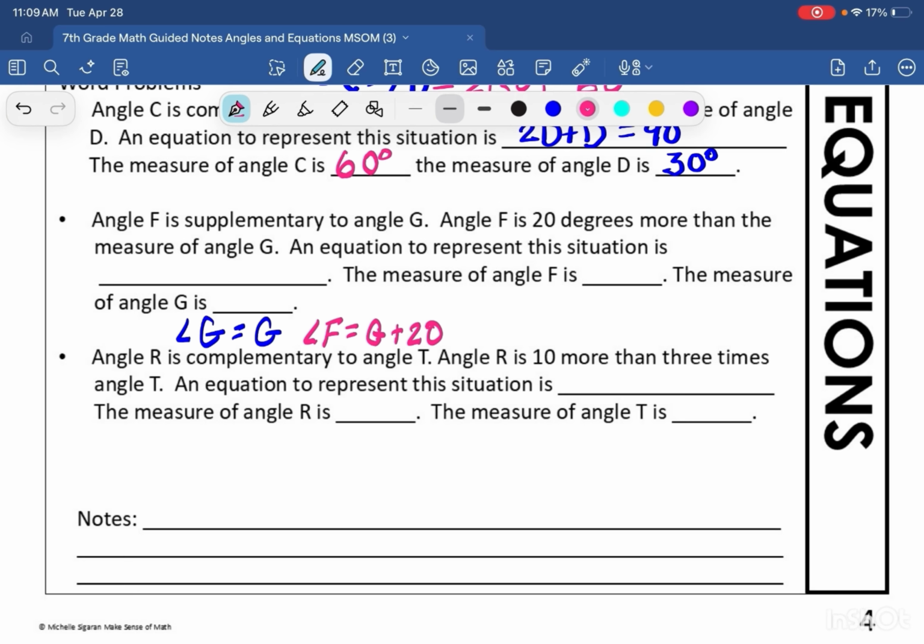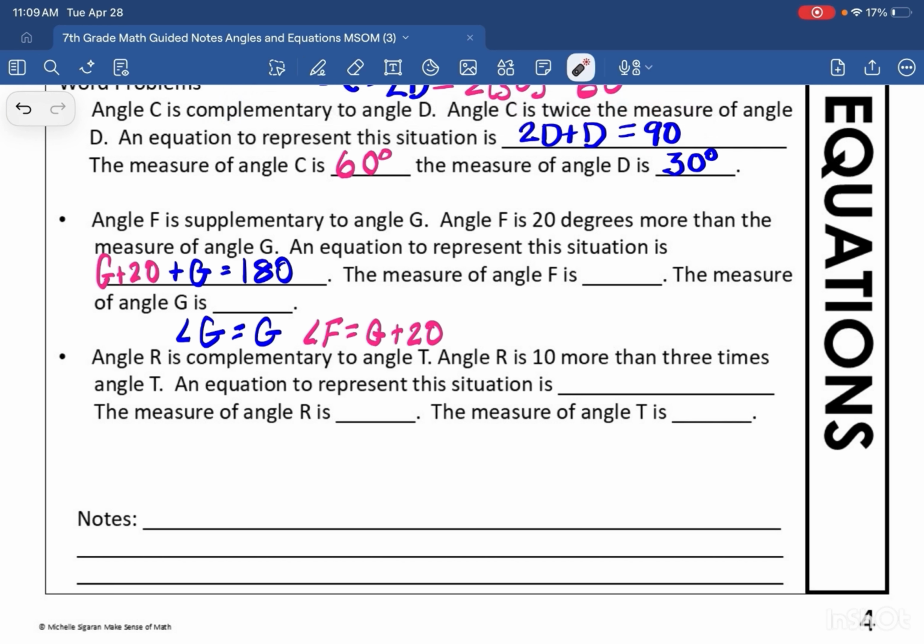So what would be an equation? Well, I know they're supplementary, so they have to equal 180. So I have angle F, which is G plus 20, plus angle G, and that has to equal 180. All right, so let's do some simplifying here.